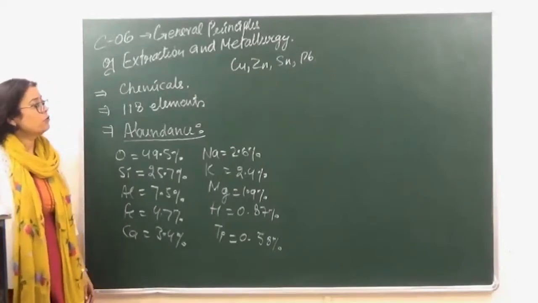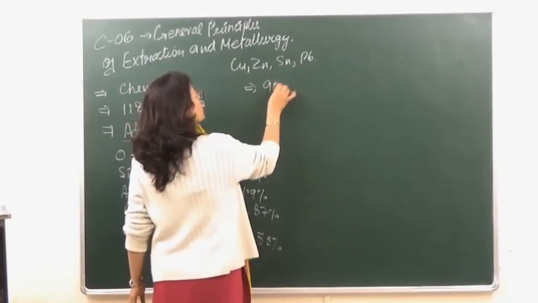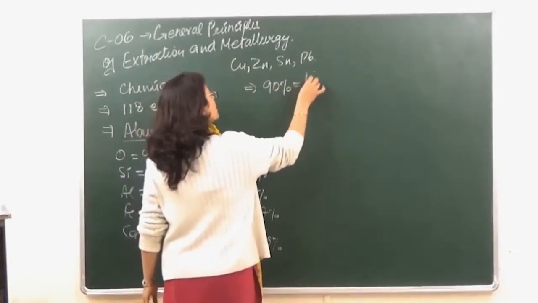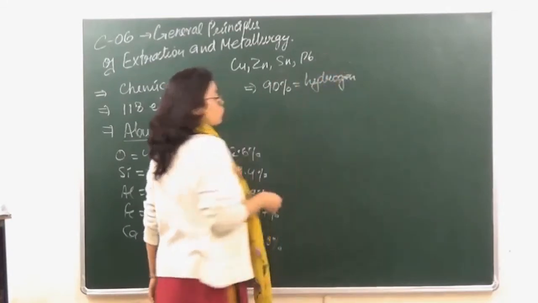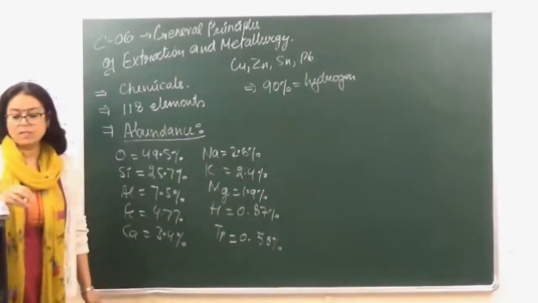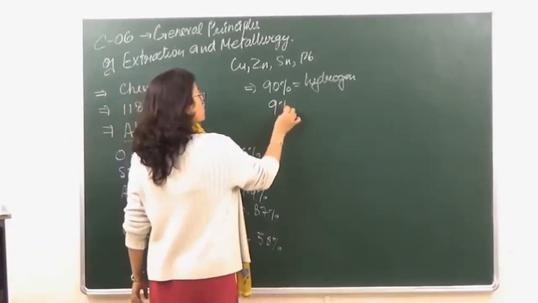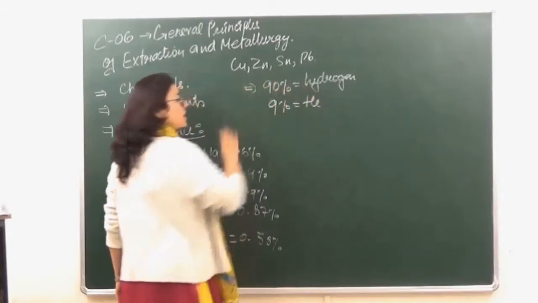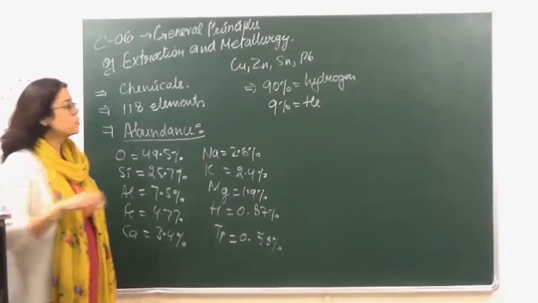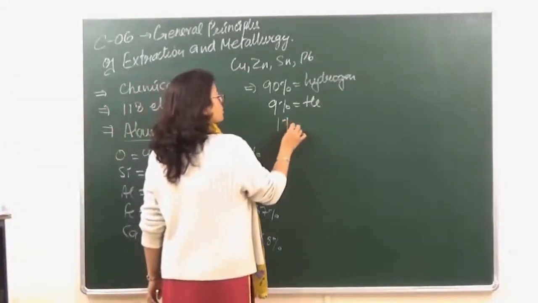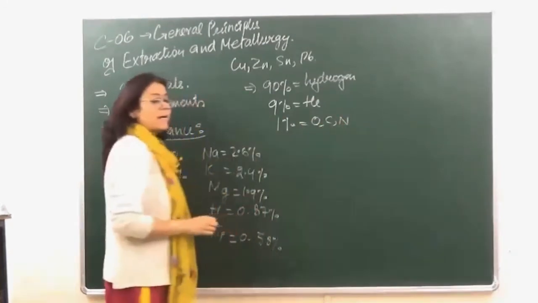Now, when we are talking of the universe, we say that 90% of the universe is hydrogen. 90% of the universe, that is going to be hydrogen. 9% over here, helium. Okay? 9% is helium. 1% together forms oxygen, carbon and nitrogen.